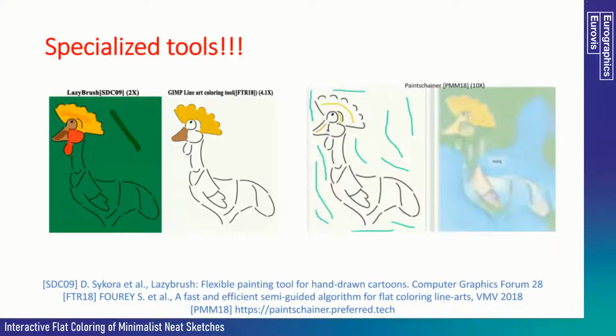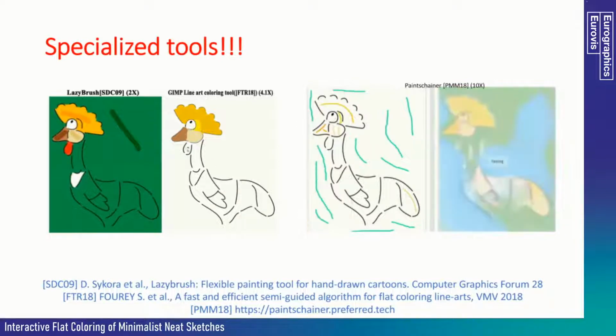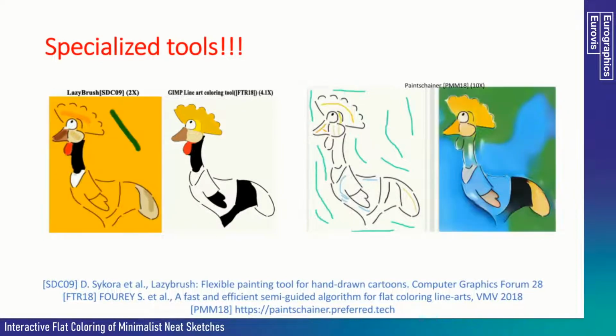Though the tools range from optimizing an energy function, as in lazy brush, to a learning-based approach, as in paint chainer, the coloring process is not as simple as the flood fill algorithm, which we usually use in the bucket filling tool available in most of the painting software. It is mainly because the user needs to repaint the same region several times.